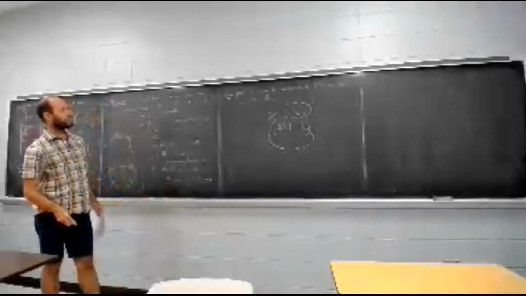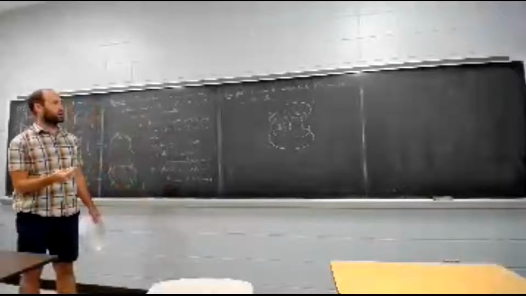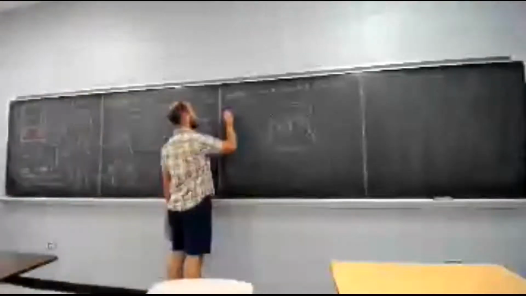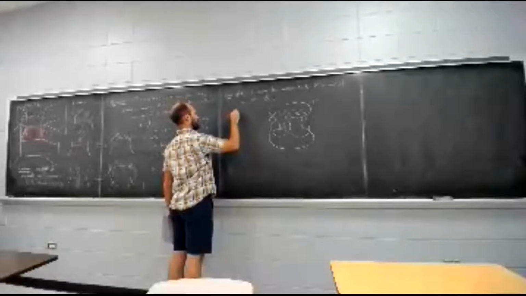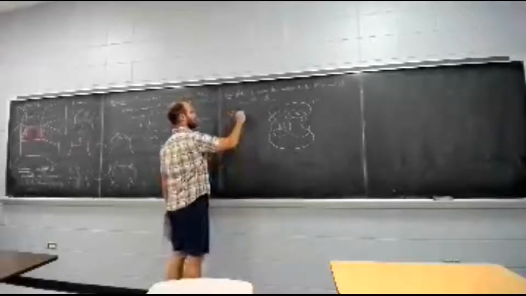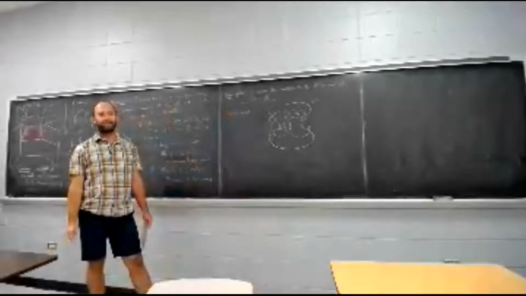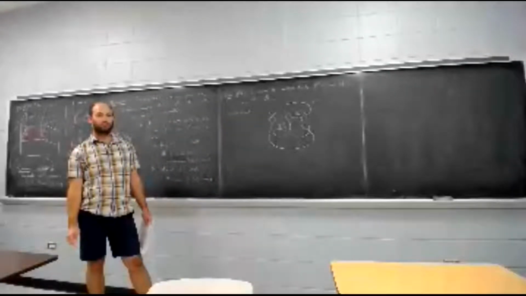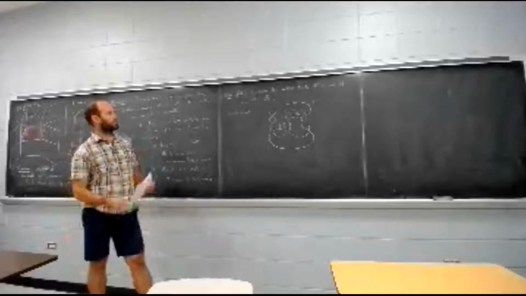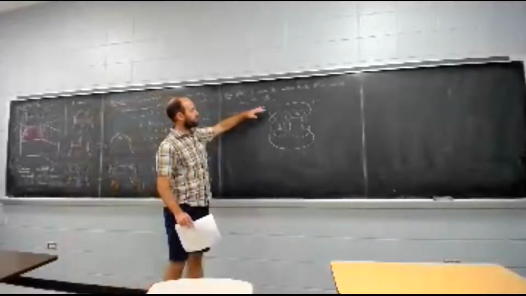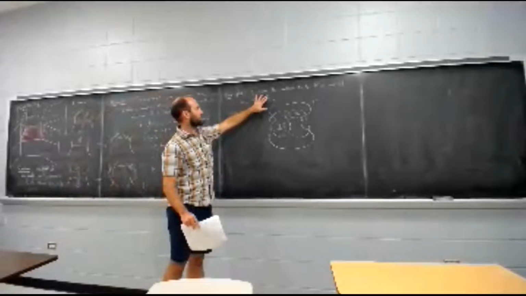So I claim that this is a surface knot in normal form. So what do you need to check, to check that I'm not lying? Maybe I just didn't give you a long enough answer.